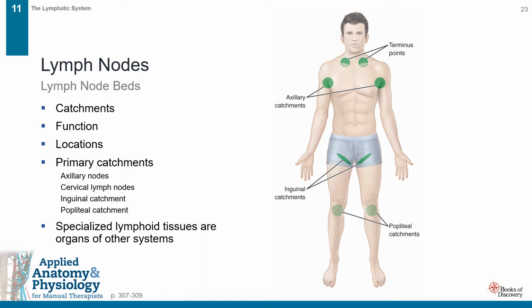upper extremity and the thoracic quadrant of the trunk; the cervical lymph nodes, which receive lymph from the head and face; the inguinal catchment, which receives lymph from the full lower extremity, perineum, and lower abdominal regions; the popliteal catchment, which receives lymph from the plantar region of the foot and the posterior leg.